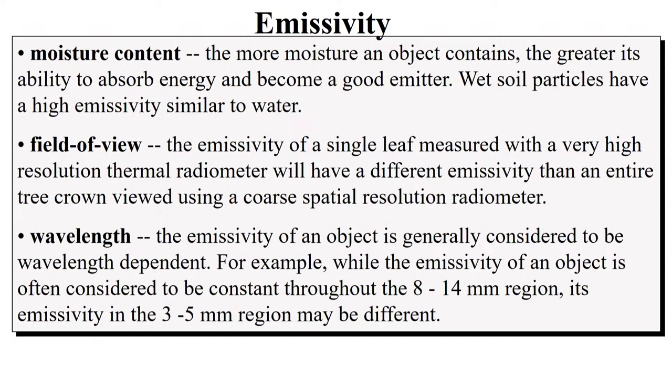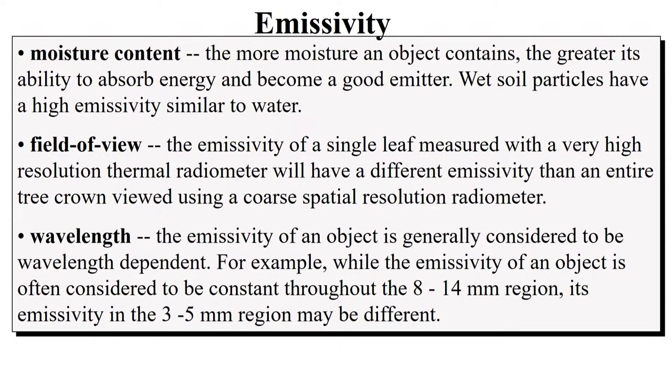Now the field of view of the sensor. These are the sensor parameters, like field of view. The emissivity of a single leaf measured with a very high resolution thermal radiometer will differ from that of an entire tree crown viewed using a coarse spatial resolution radiometer. So definitely the field of view is going to play a very important role, because emissivity is going to change.